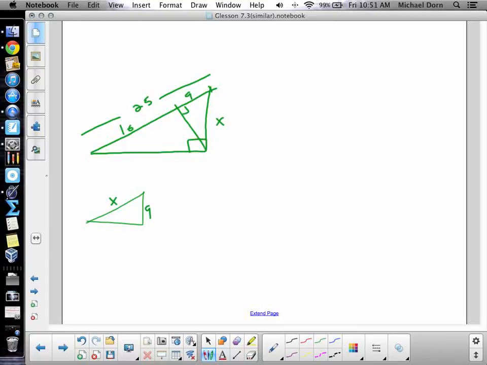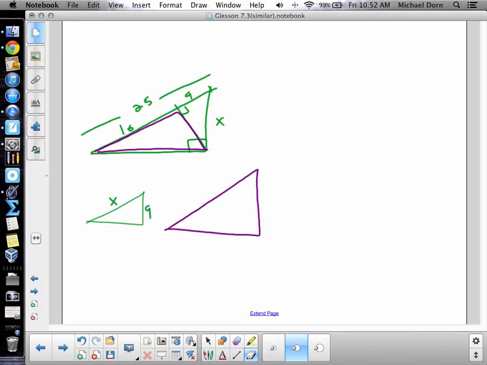My second triangle is going to be this one. I'm going to reorient it so it's oriented the same way as this one. Now, my short leg, I know nothing about. My hypotenuse, I know nothing about, but I do know my long leg is 16.